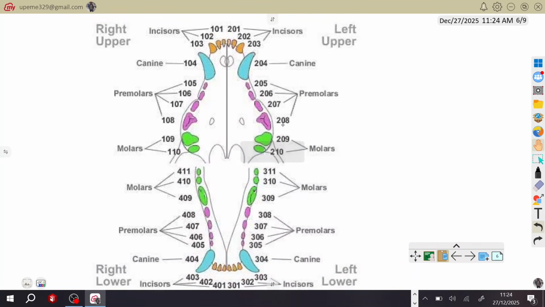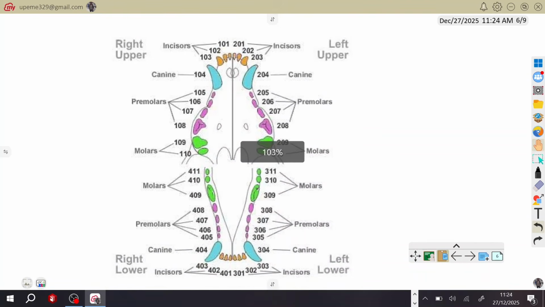This is the diagram that helps us to show the dental formula of a dog. So you can see, if you cut in the middle here, for the incisors it has 1, 2, 3. Then for the canine, just 1. So it is a 3, 1, 4, 2 formation.